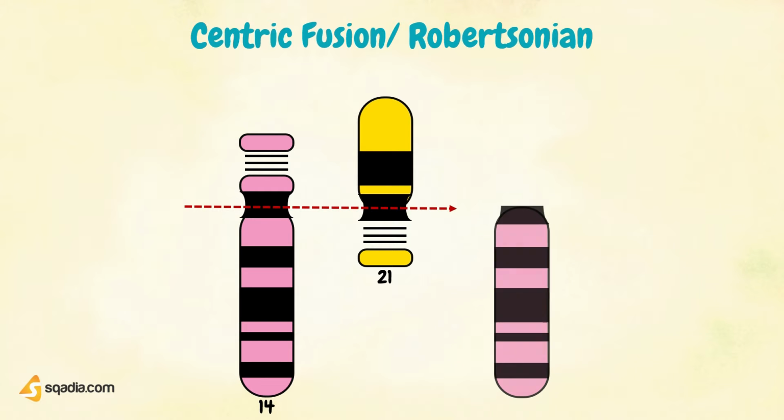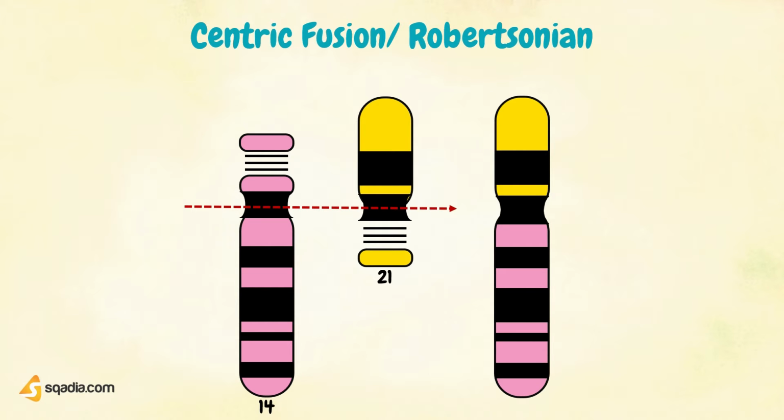Then there is fusion of chromosome 14 and chromosome 21. So this is called a derivative chromosome or Robertsonian chromosome. So this is centric fusion or Robertsonian translocation between chromosome 21 and chromosome 14.